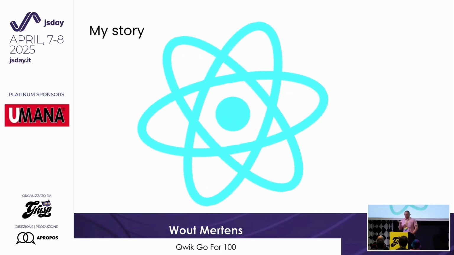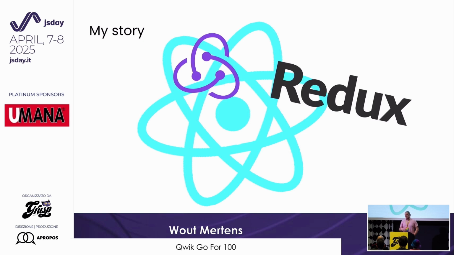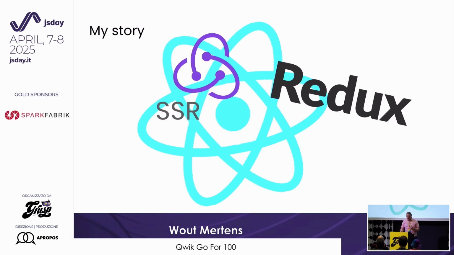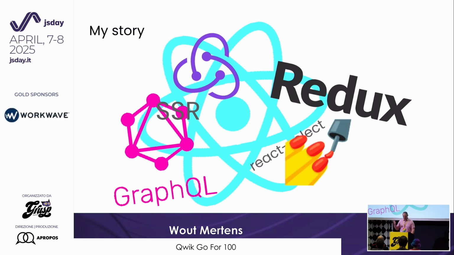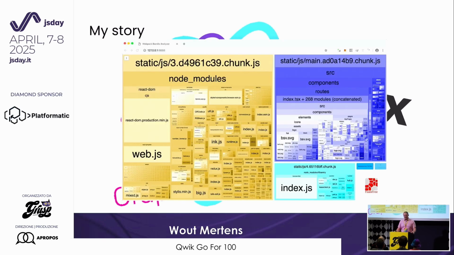So I started using it, and then you add some Redux for state management, and you do some SSR, and you maybe add some GraphQL and some React Select or other things, some styled components, some Immutable. After a while, you start to notice, hey, my app is getting kind of big. Then you have to go and manually optimize and take things out or replace them.